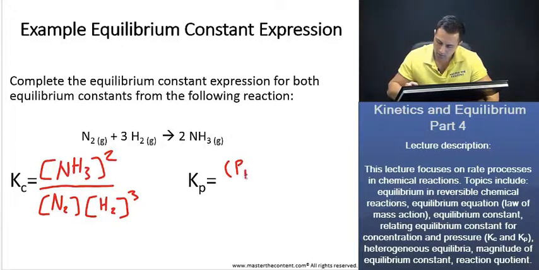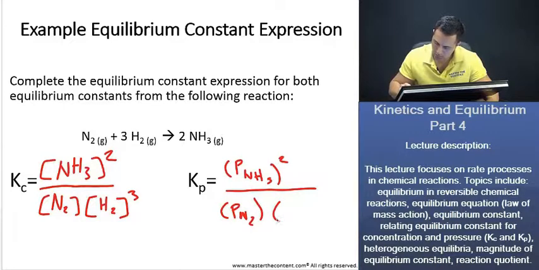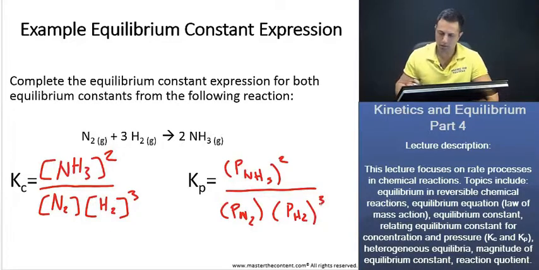And then we have our ammonia, right? And it's raised to the second power. And we also have nitrogen, and we also have hydrogen gas, and that's going to be raised to the, you got it, third power.